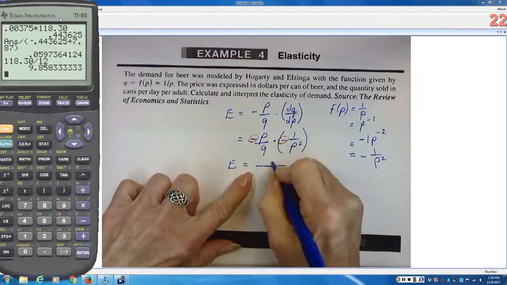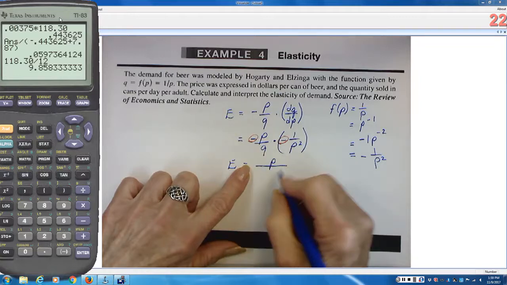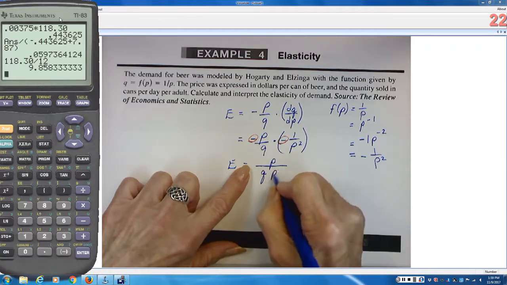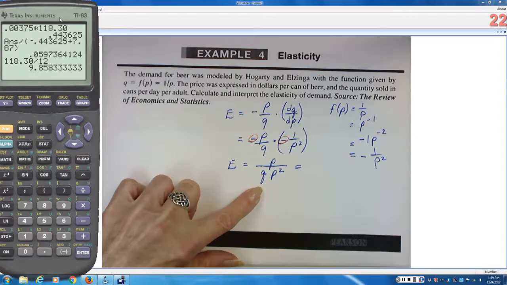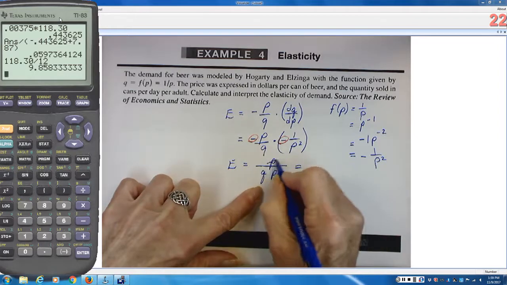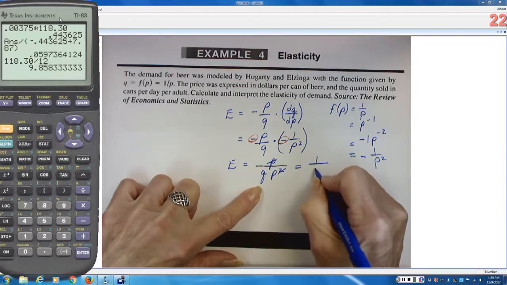P times 1 is p over q times p squared, and this p will cancel out one of those, so it turns out to be 1 over q times p.